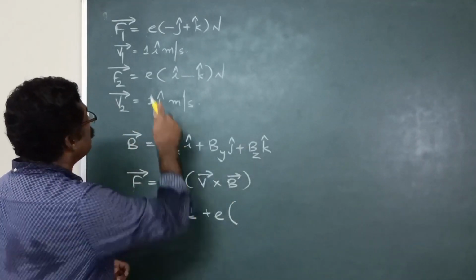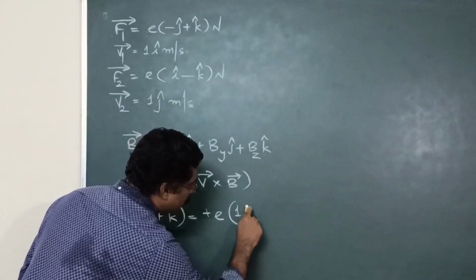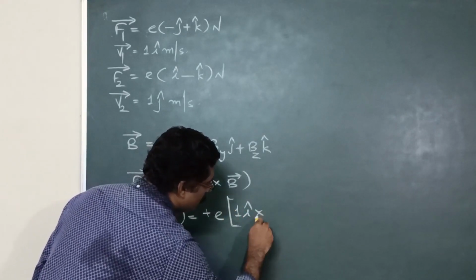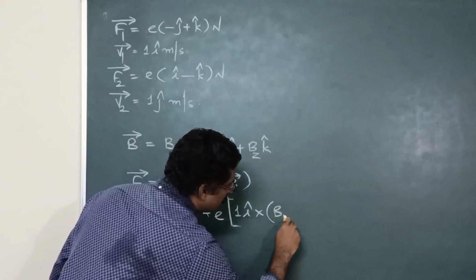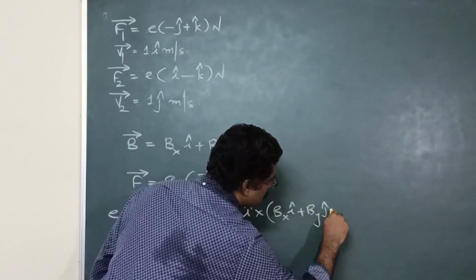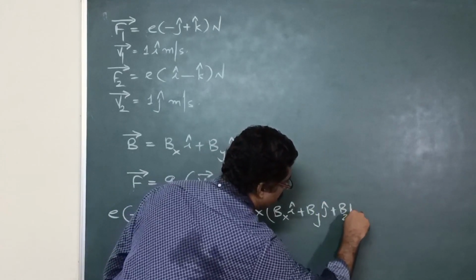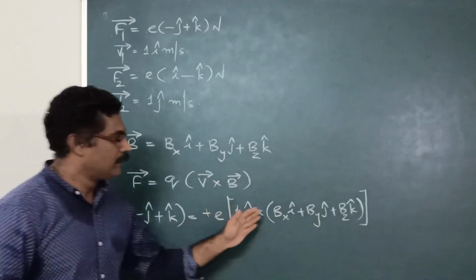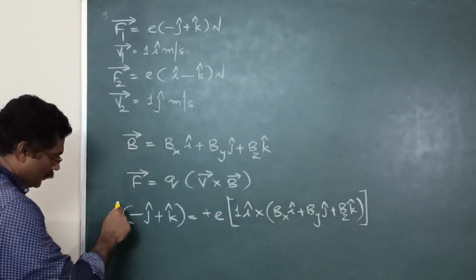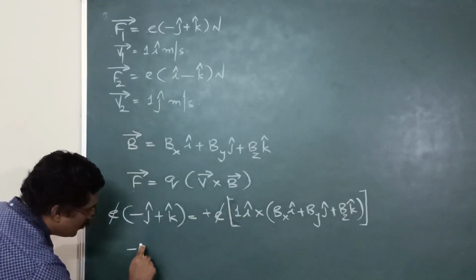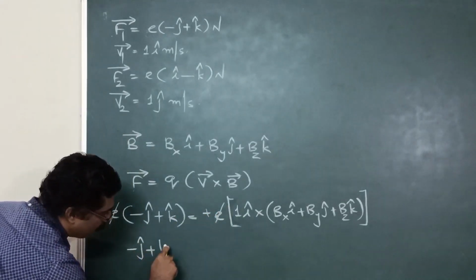Into V, and V is 1 i cap, cross the magnetic field, which is Bx i cap plus By j cap plus Bz k cap. Then you take the cross product. You can cancel E here, so the remaining is minus j cap plus k cap.